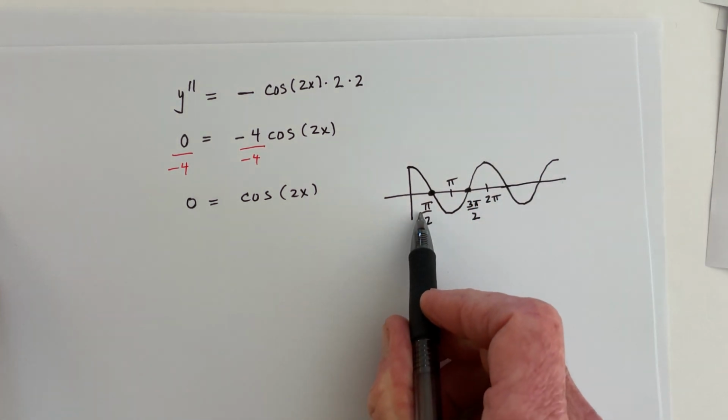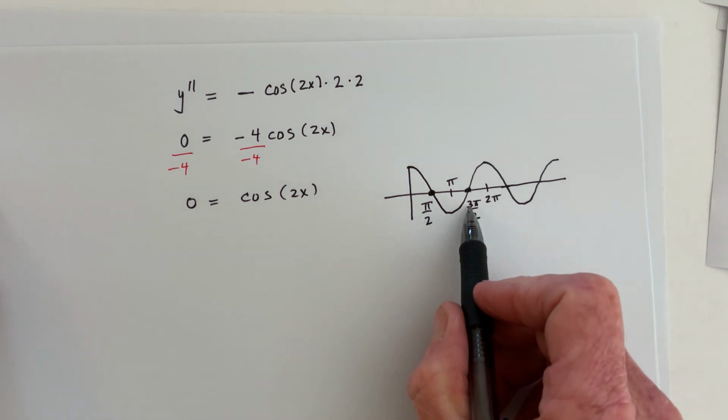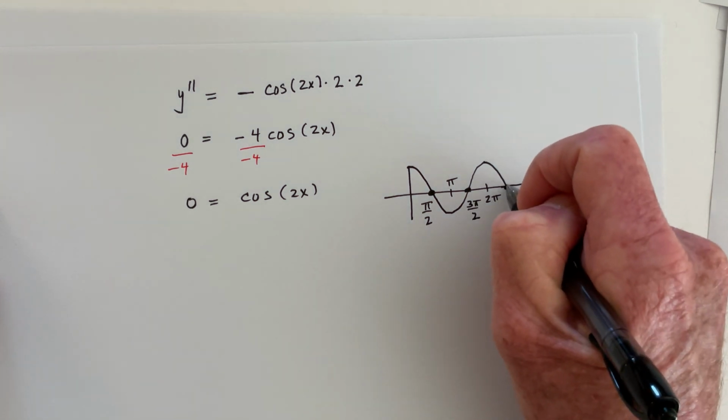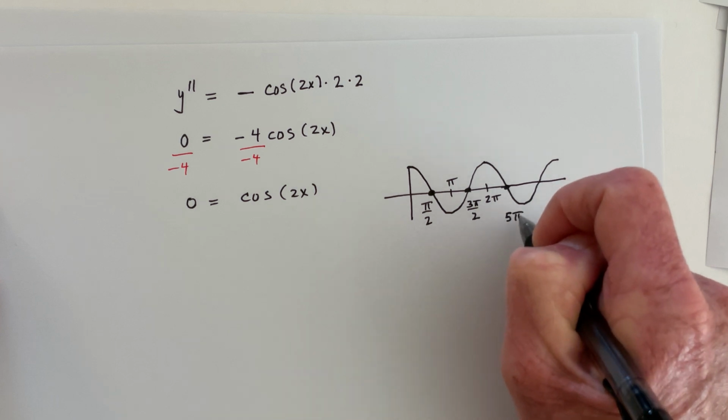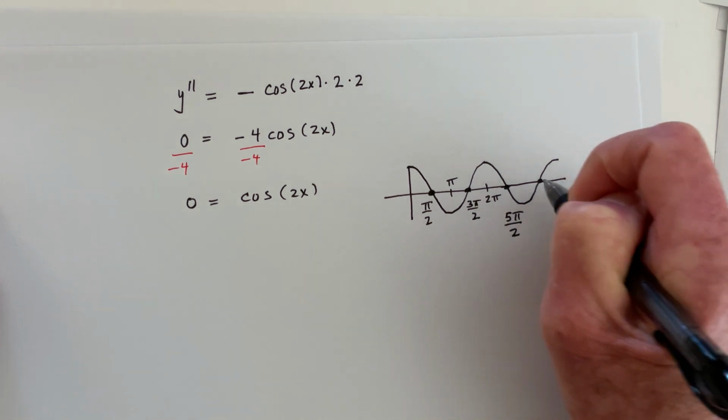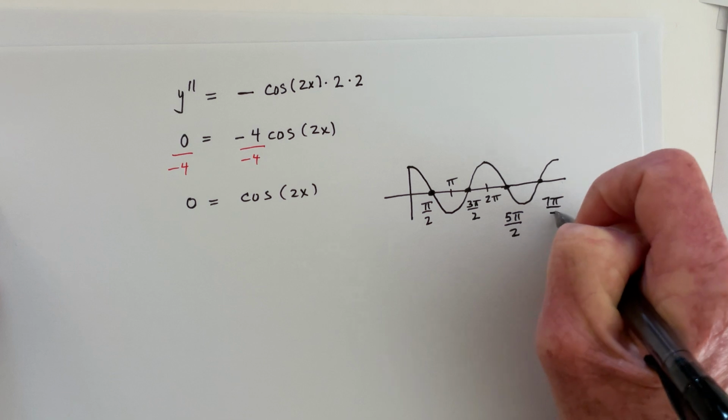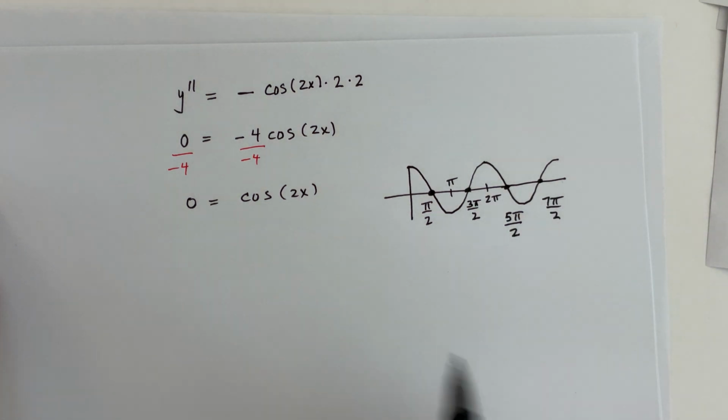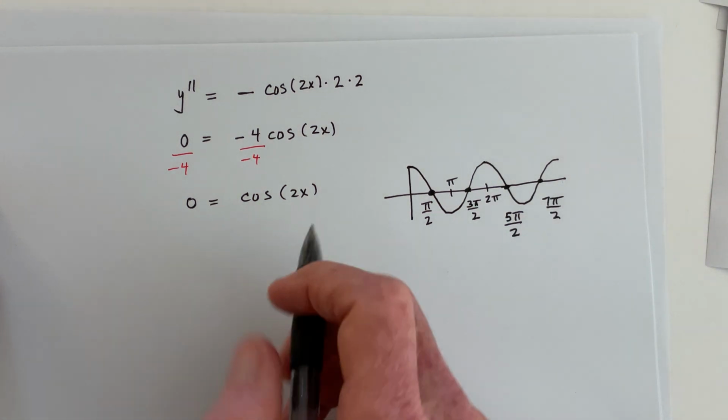So this one is 1 pi over 2. This one is 3 pi over 2. The next one would be 5 pi over 2, so it uses the odd numbers, and then 7 pi over 2. And now for each one of those, it's going to say 2x equals.